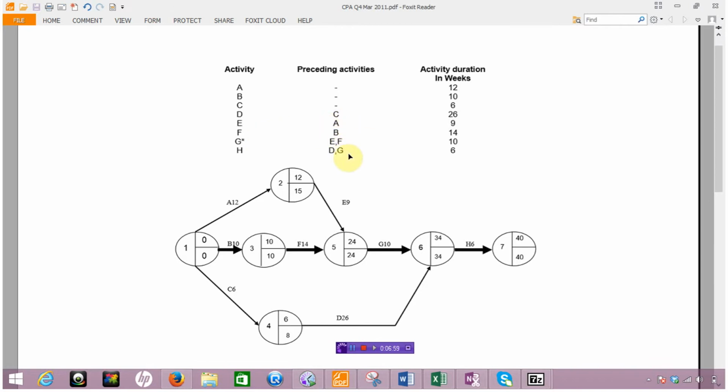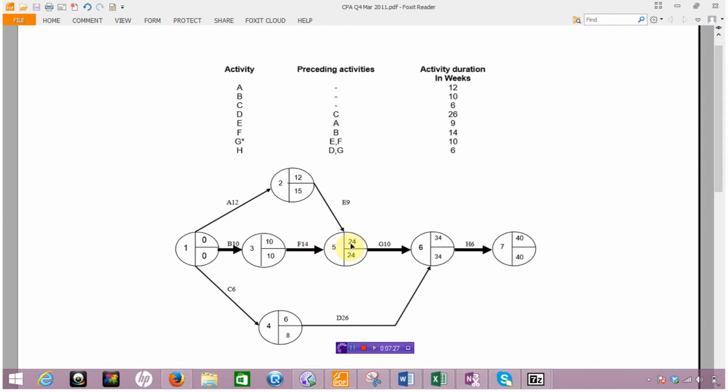Okay, so if we look at the diagram again, excuse me, we'll see that A and B are here. And what we're looking to do, let's say if we start with E, which is dependent upon A, we see that in the next node, node 5, we have several possibilities, because we've got E leading into it and we've also got F leading into it.